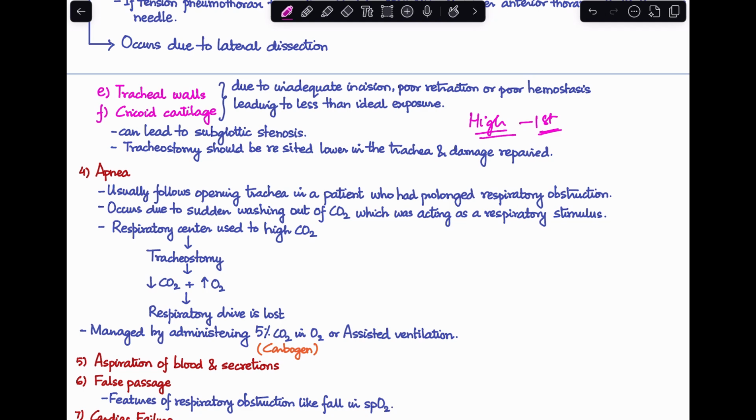In these cases, the tracheostomy should be resited lower in the trachea and we should repair the damage. Both tracheal walls and the cricoid cartilage can get damaged because of inadequate incision, poor retraction, or even poor hemostasis, leading to less than ideal exposure.